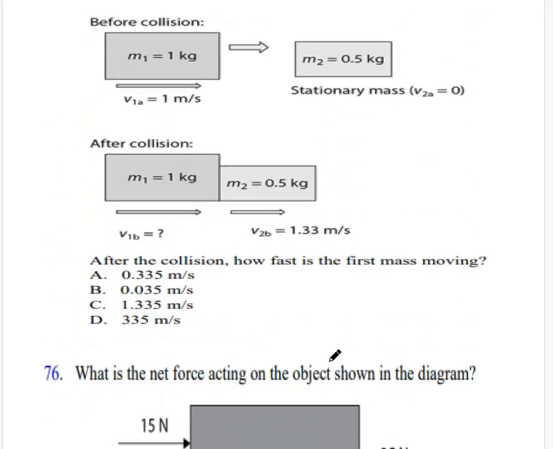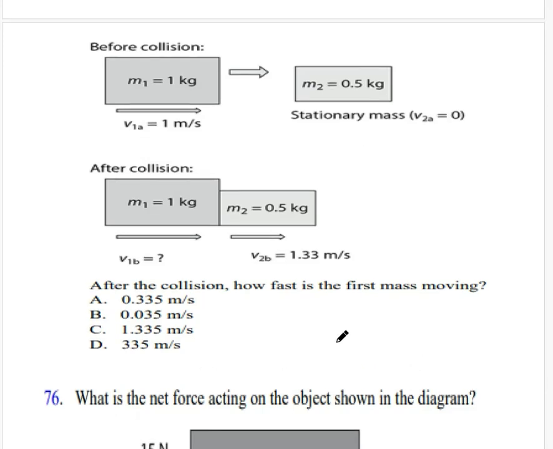Let's have this one. The before collision and after collision of the two objects. So we have here mass 1 is 1 kg and mass 2 is 0.5 kg. So we're talking about the objects. Before collision, they move in the same direction. But after collision, they collided.